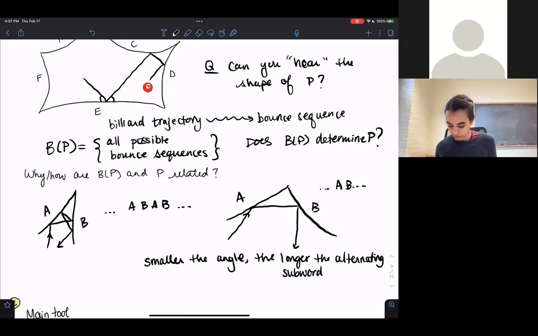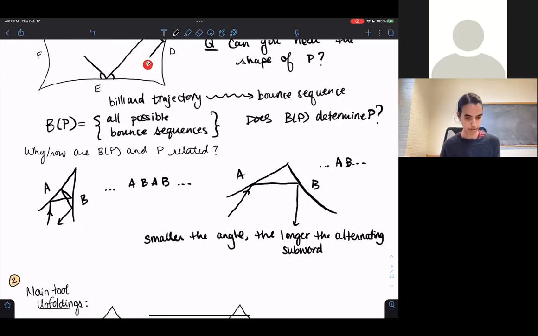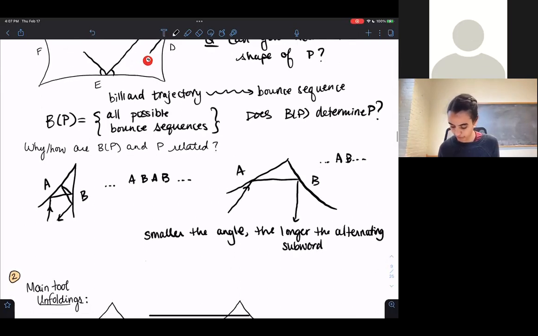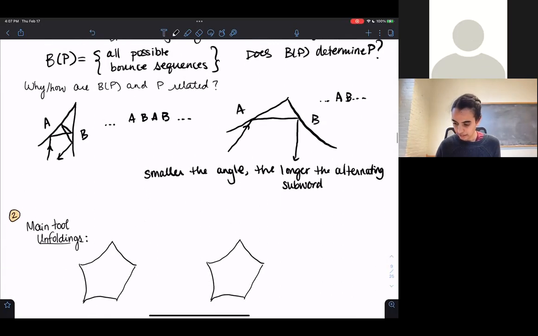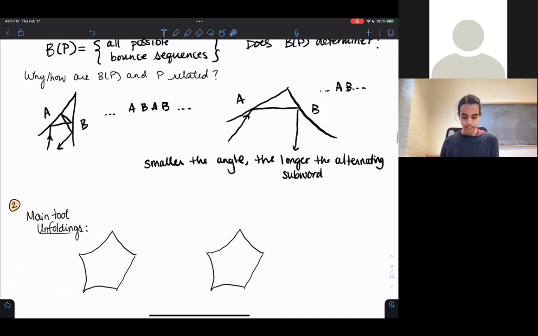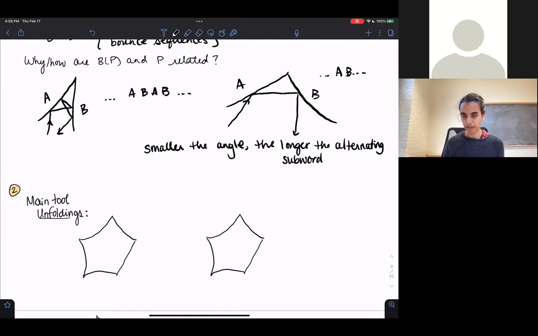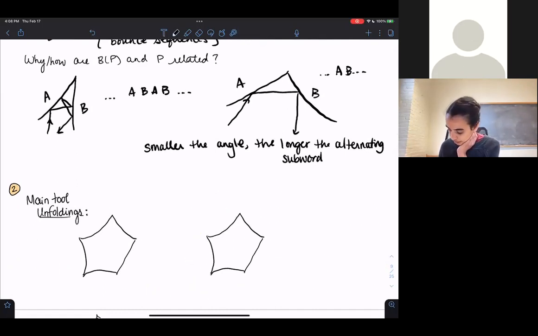Okay, so our main tool in studying this problem is something called an unfolding. So I'll explain what this is. Let's say that this here was our original polygon. Let's consider a slightly larger polygon made of 2 copies of the original. So here's the original again, and then now the second copy is a reflected copy of the original. So I put 2 copies of the original polygon together like this.